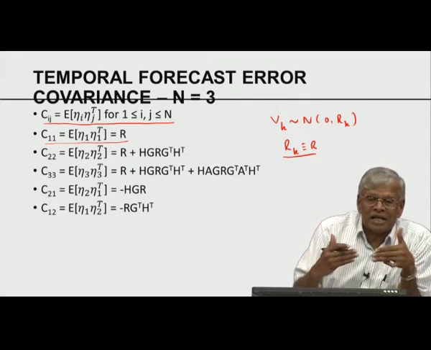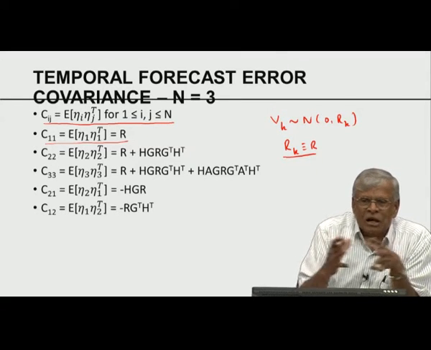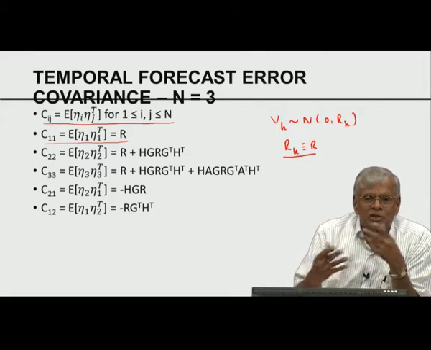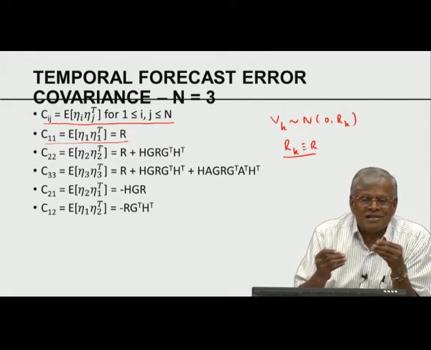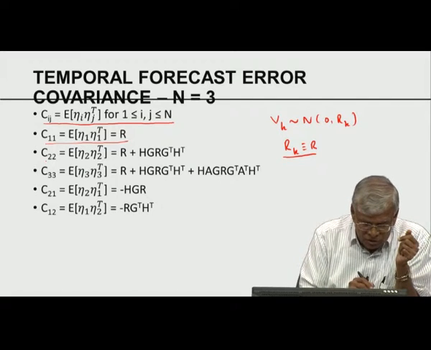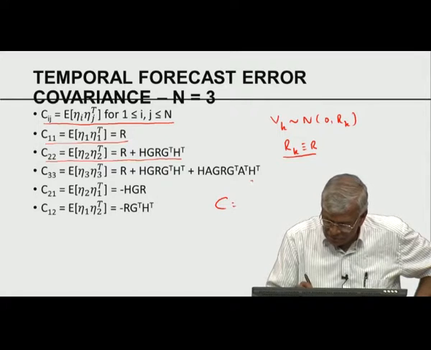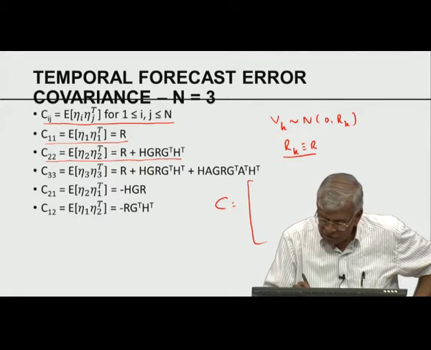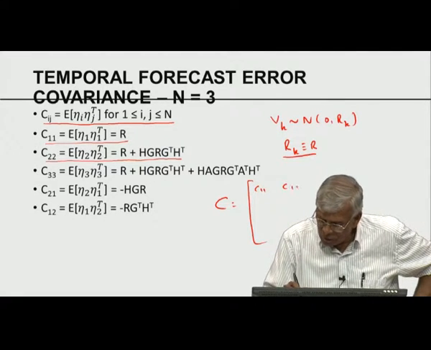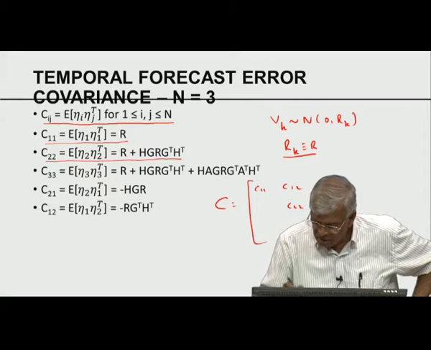Even though in theory I can continue with Rk, I don't want to unnecessarily complicate the expressions by trying to be general. There is no loss of generality in assuming Rk is R. So that is R, C22. C is a matrix which is C11, C12, C13, C22, C23, C33, everything.